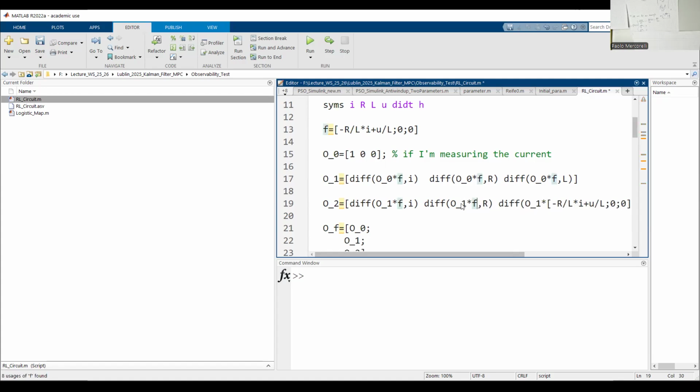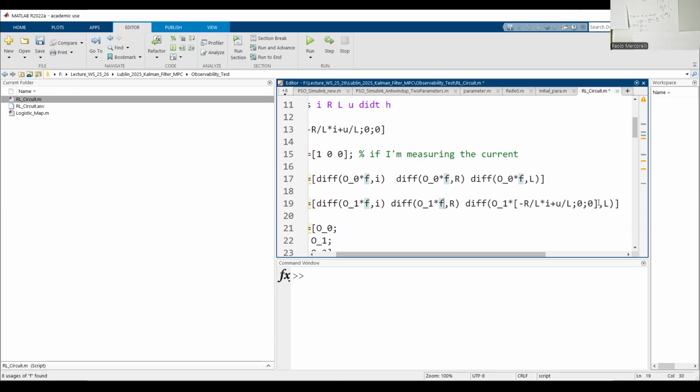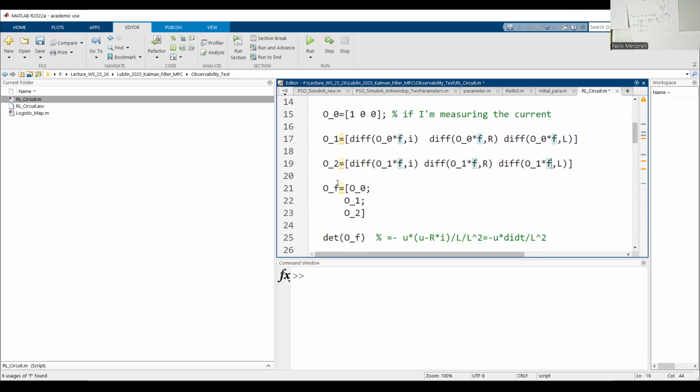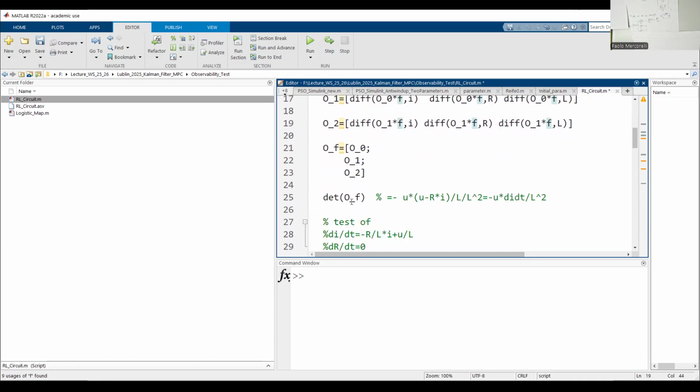Question me if it's not clear, but once I have one of them, I can proceed recursively in accordance with the definition, with the test, which came from a theorem, but we can consider also that the test is not exactly a definition. And here we calculate exactly the observability matrix, and then we do the determinant.